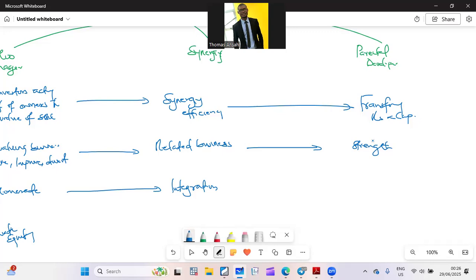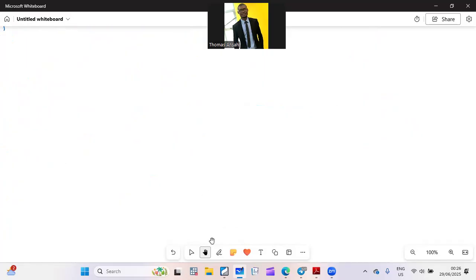Now let's look at the other side. I did a triangle. I talked about the scope, how you can go about parenting, and the portfolio matrices. So let's look at the portfolio matrices. That's the last part of this aspect. So what are the portfolio matrices? I said we will learn about the BCG matrix.